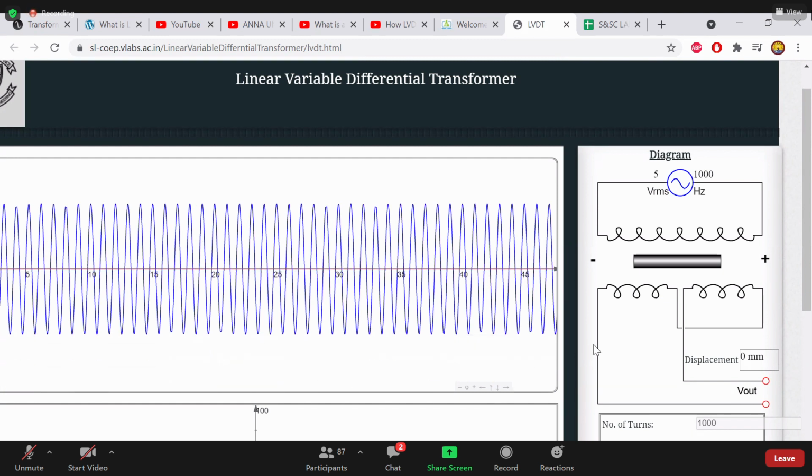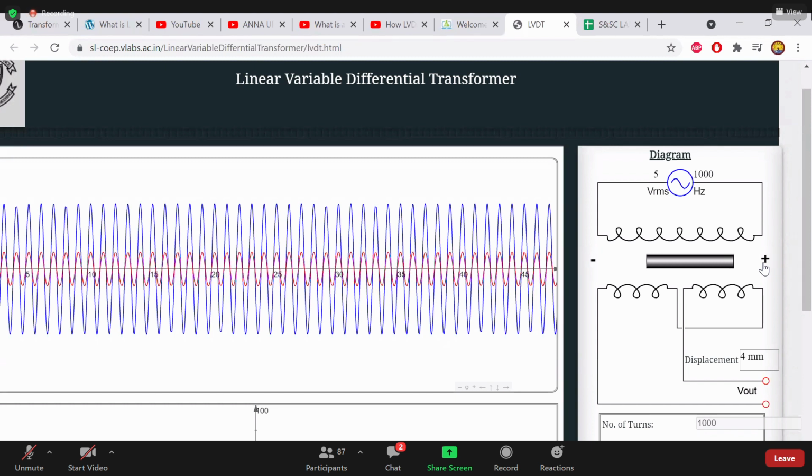This is input wave, students. Now I am moving core towards right. Initially, core is at middle position, so displacement is 0, output is 0. We cannot see output on the graphical representation. See, red color one is the output and displacement is 1 mm.